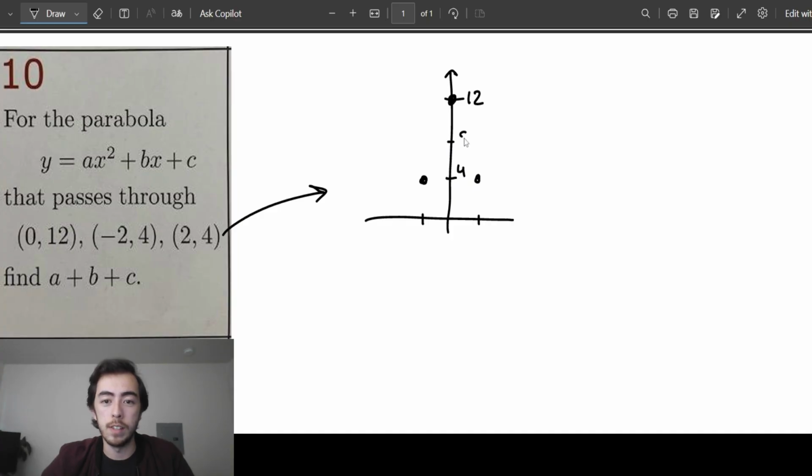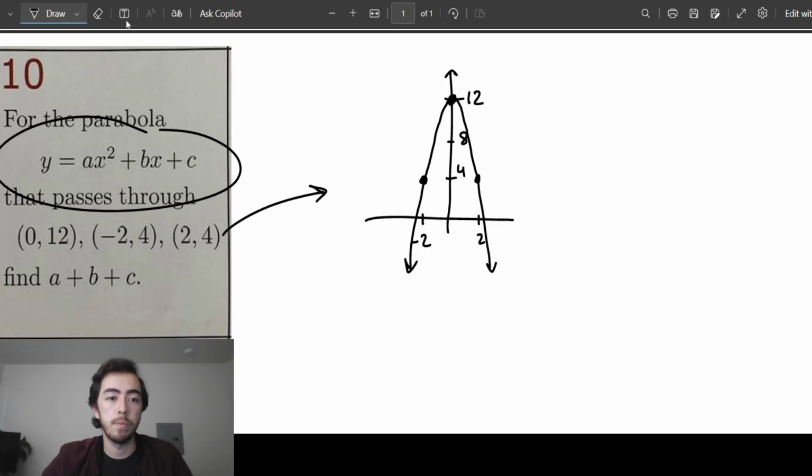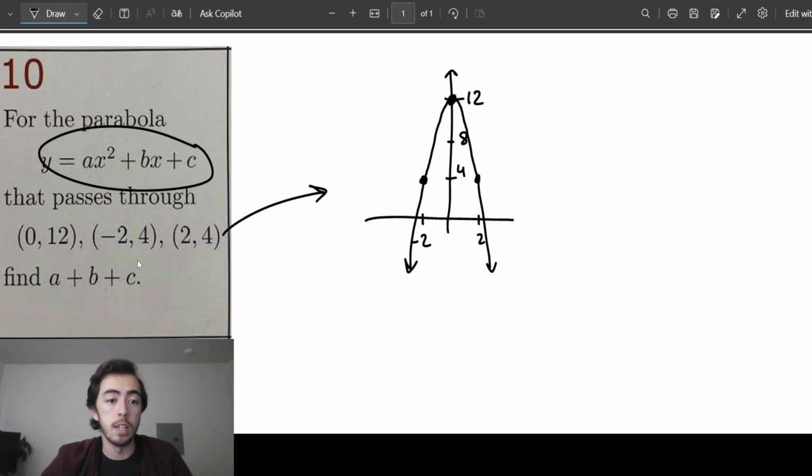Just for a sense of scale, I'll put the 8 right here. Here's -2, here's +2. And I know that parabolas have this kind of U shape to them, and so I know that it's going to connect something like this if we were to graph the whole equation here. So we just need to write this equation and then figure out what the sum of our coefficients is going to be.